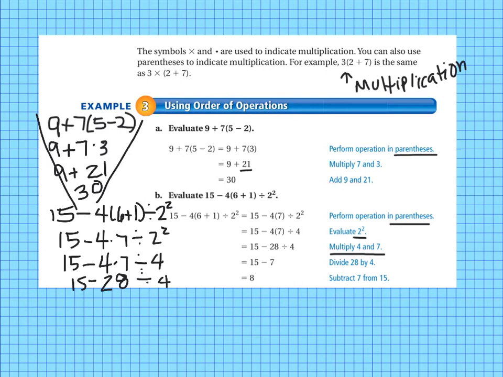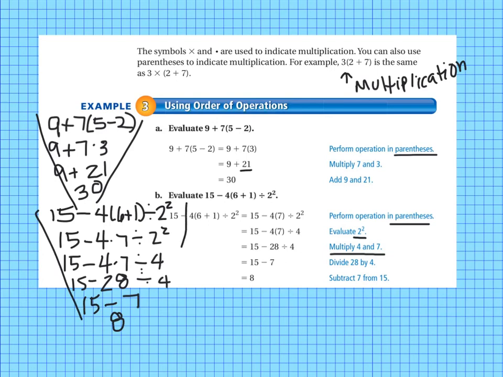And then we're going to divide 28 by 4, which equals 7. And then we have our 15 minus 7 in front of that, and 15 minus 7 equals 8.